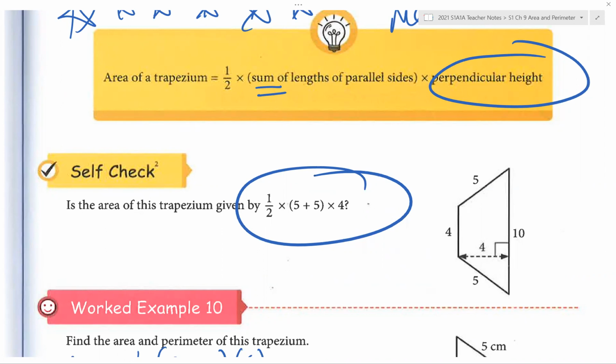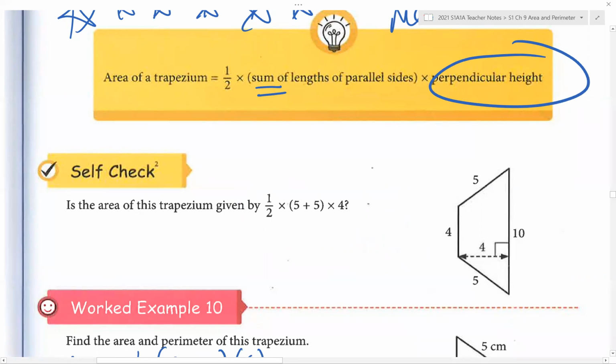Okay, which numbers are wrong? 5 plus 5 is wrong. Okay, so this is not correct. Okay, can you give us the correct formula now, Fari? Area equals to half times? Yeah, give me the numbers now.